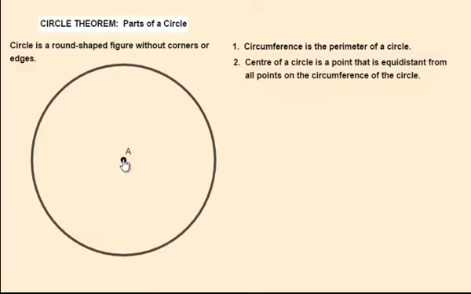So at the center here, wherever you move to on the circumference, the distance is considered to be the same. So when I move from the center A to this point on the circumference, the distance is the same as moving from the center to down here on the circumference.